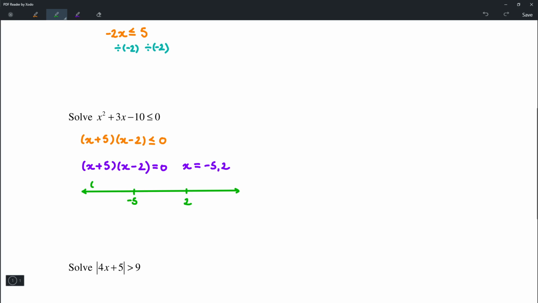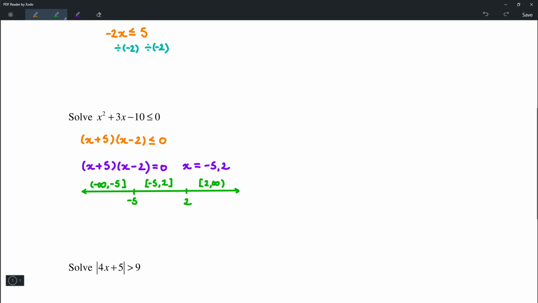The first part is from negative infinity to negative 5. The second part is from negative 5 to 2. And finally, the third part is from 2 to positive infinity.